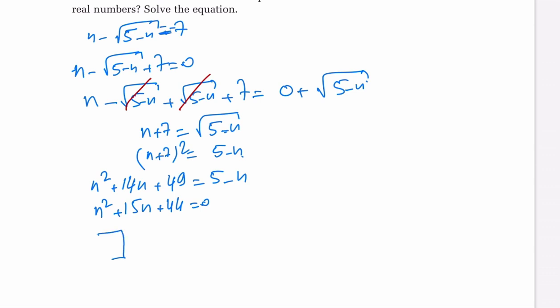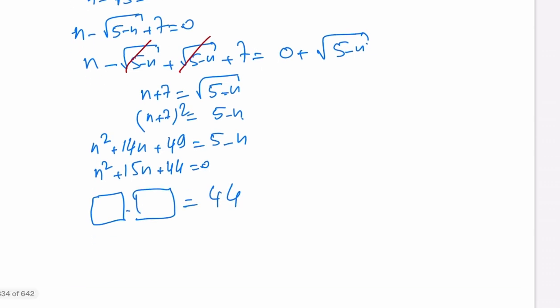I think this is easy. It's just 11 and 4. So 11 times 4 is 44, 11 plus 4 is 15.